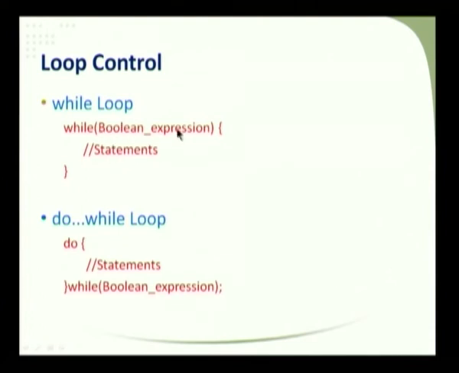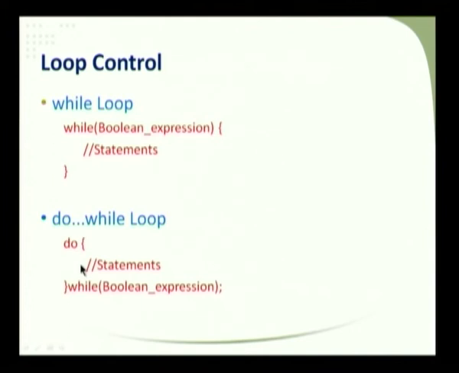When this value is true the statements will be executed, and when the Boolean expression returns false they will not be executed. Similarly, in the do condition, I have a set of statements and then my while condition. Here again I have a Boolean expression, and the result could be true or false.